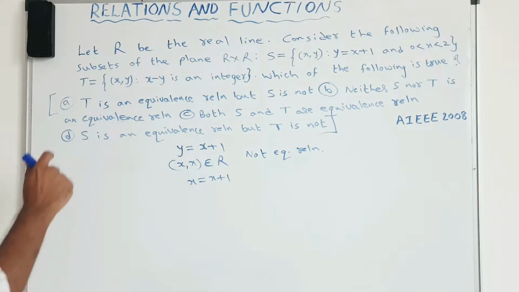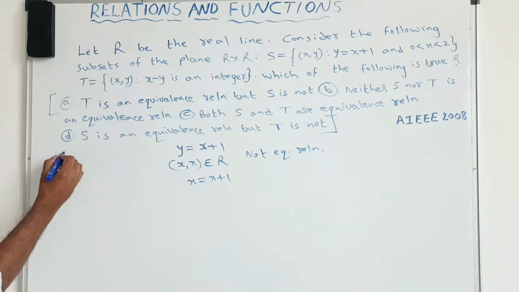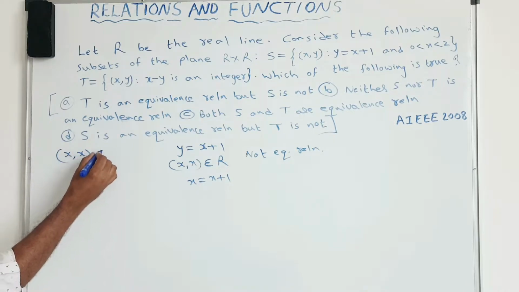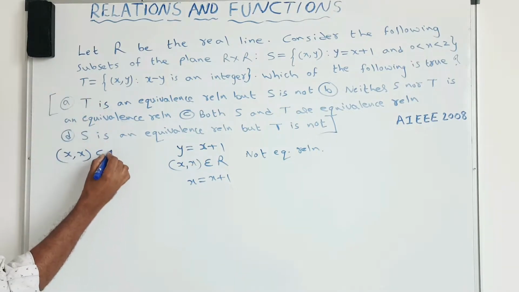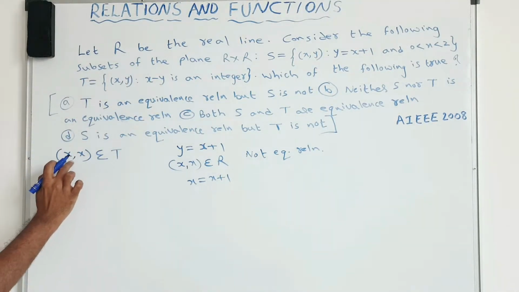Now we will check the next relation T, whether it is an equivalence relation. First I am checking whether this T is reflexive or not. To be reflexive, x comma x should belong to this relation. The name of the relation is T, so I am mentioning T. So x and y I need to substitute as x.